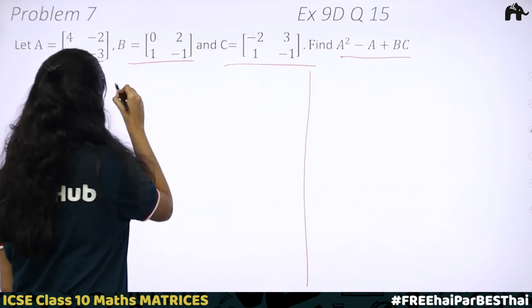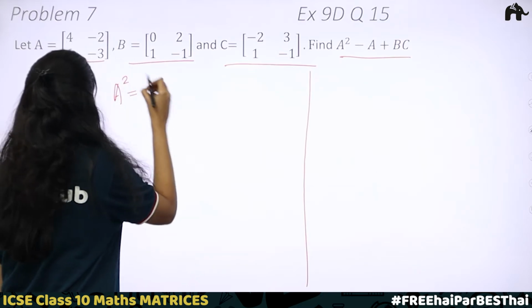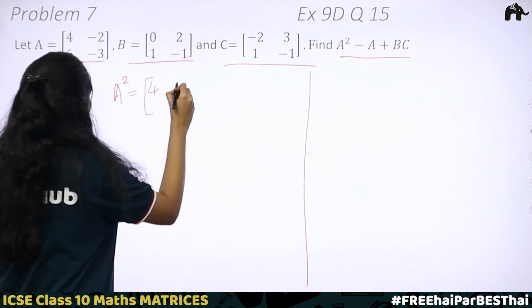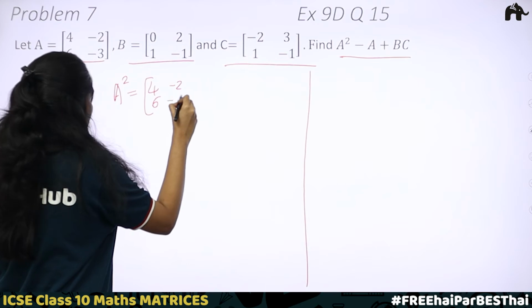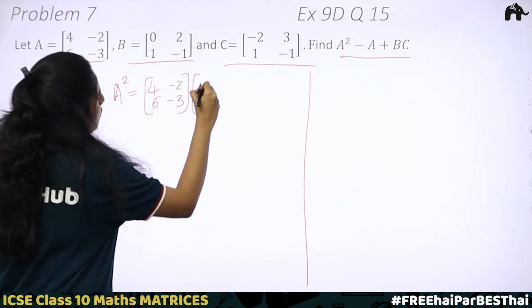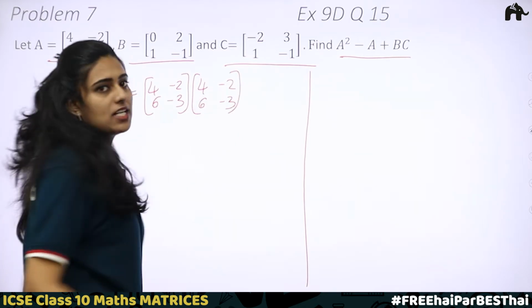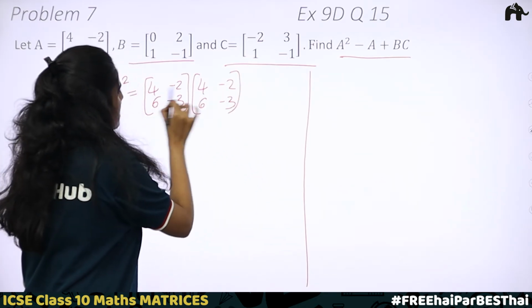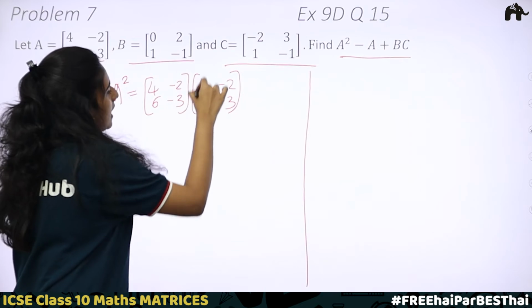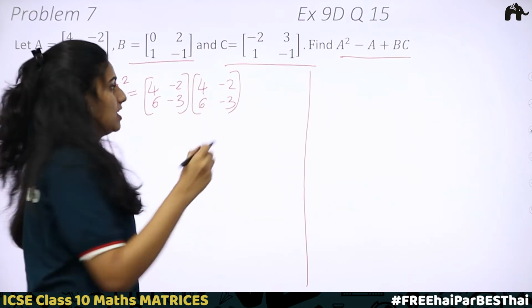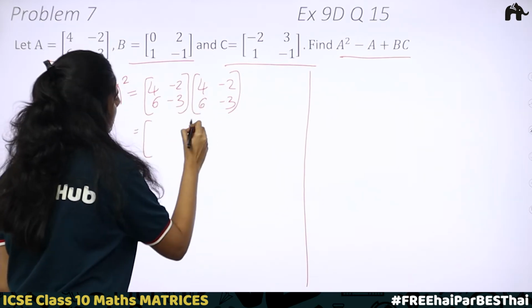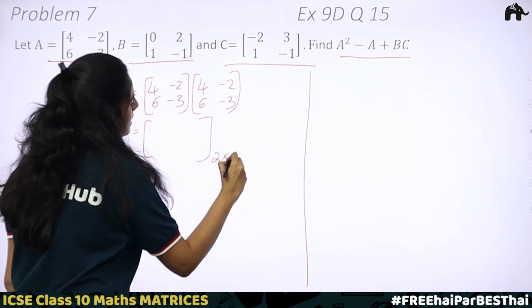How to find A square? A square is A into A. Here A is [4, -2; 6, -3], again [4, -2; 6, -3]. Now for the matrix multiplication, we consider the first row from the first matrix and the first column from the second matrix. We will be getting a 2 by 2 matrix.